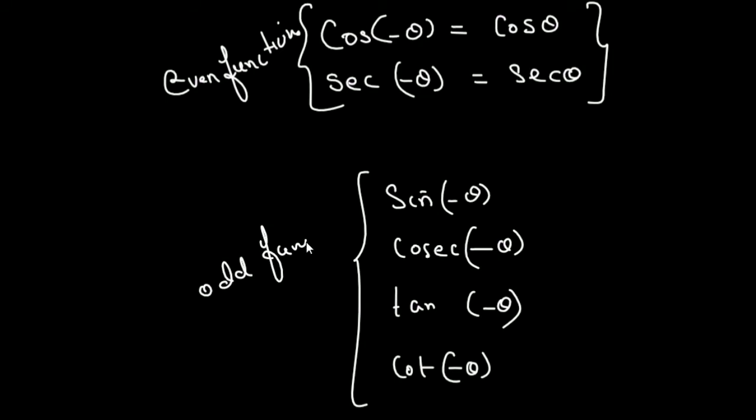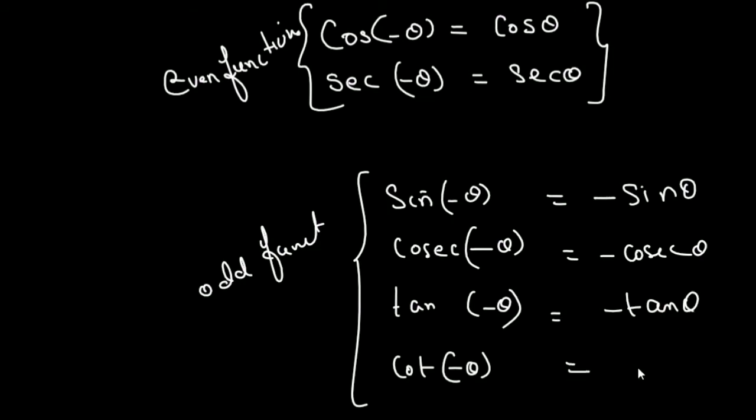So for odd functions, you have to take the sign outside. It will become minus sine theta, minus cosecant theta, minus tan theta, minus cot theta.